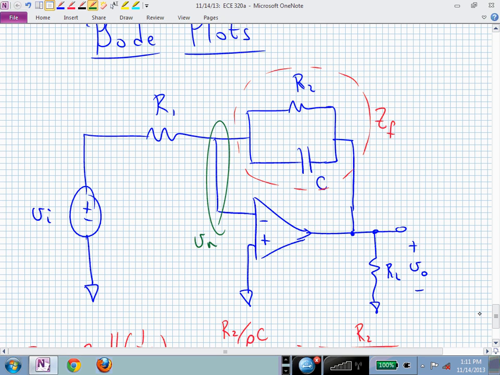So I now have a voltage V sub n, and I'm going to compare that to the input voltage and the output voltage to establish my current. Since this is an ideal op amp, I could say that I have this current and that current and that current all summing to equal 0. But the current going into the op amp is 0, and so I just have two currents summing to 0.